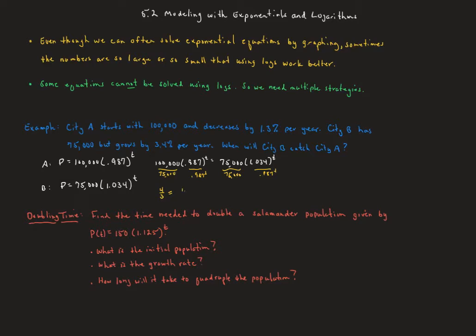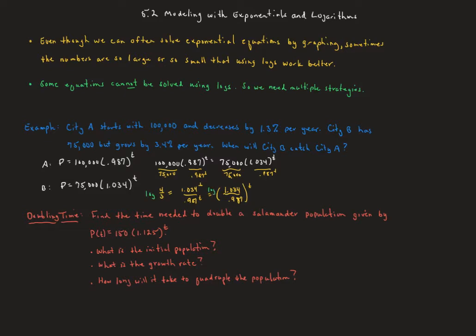Now is where we're going to have to use some properties of exponents. If we have two powers that are raised to the t, we can write that as the 1.034 over 0.987 whole thing raised to the t power. So we have this maybe strange and a little bit messy number, 1.034 divided by 0.987, raised to the t power equals 4/3. We can then take the log of both sides, and it doesn't really matter what logarithm we choose.